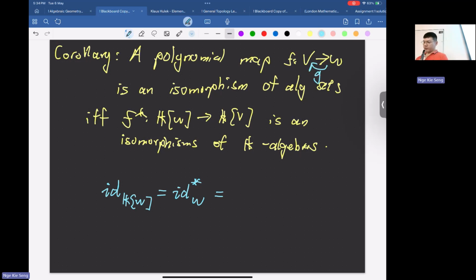So how to go from W then? G then f: g goes from W to V and then V goes to W. So the identity on W is fg, and its pullback is g star f star.